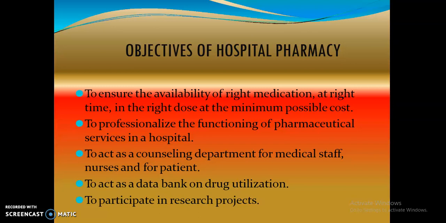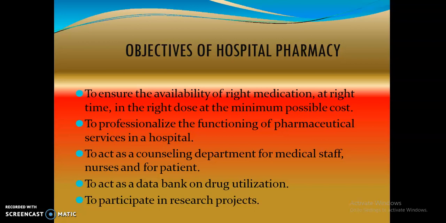And the most important thing of hospital pharmacy or this our presentation is the objective of hospital pharmacy. So the objectives are to ensure the availability of right medication at the right time in the right dose at the minimum possible cost. This is really the main objective of the hospital pharmacy.